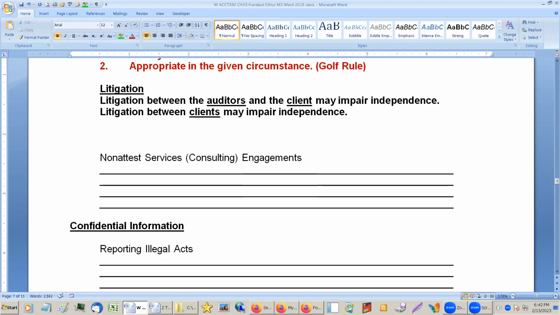So for example, let's say that you're auditing IBM. Maybe you have Microsoft and IBM for clients. Pretty good clients, but I'd almost bet that they have some kind of lawsuits going between those two. So litigation between your clients may impair your independence. Remember, you have access to a lot of basically internal information for both of your clients.